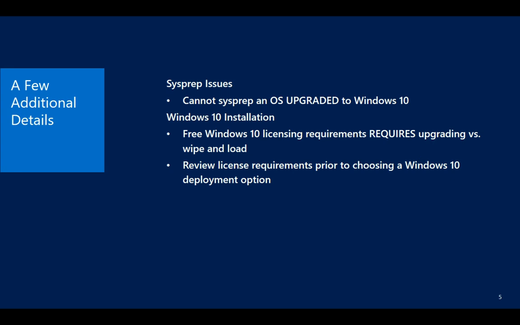So the free Windows 10 license that Microsoft provides requires that you upgrade from your existing OS to Windows 10. Wipe and load is not the same. Seems like a niggly point, but a point to understand, right? Whatever path you're on to go to Windows 10, just make sure you're covered from a license perspective before you choose a final deployment option, right?